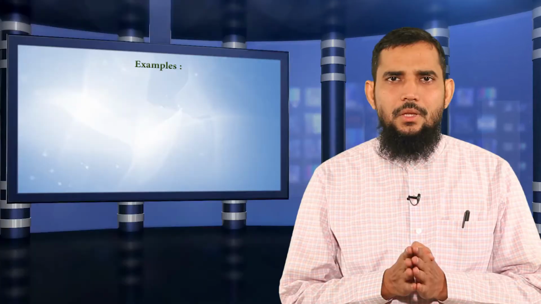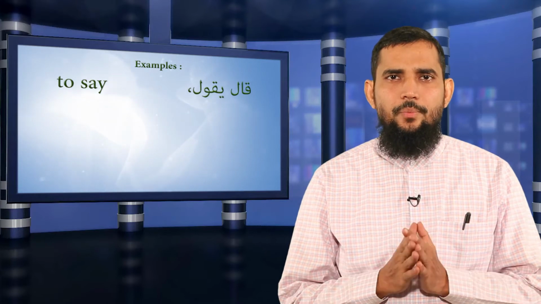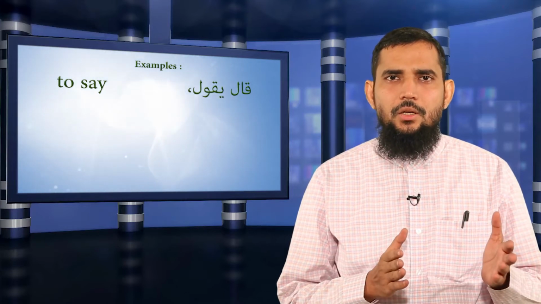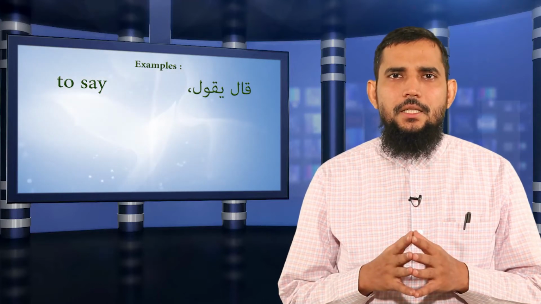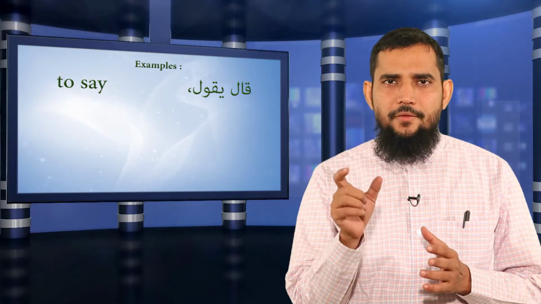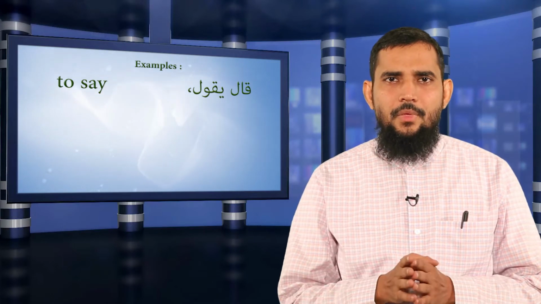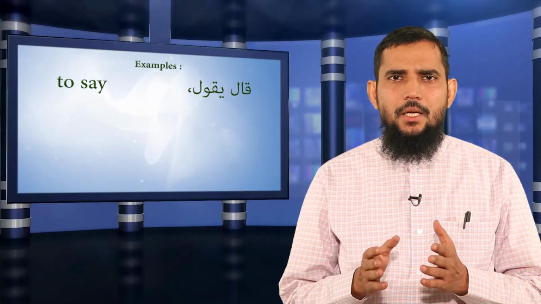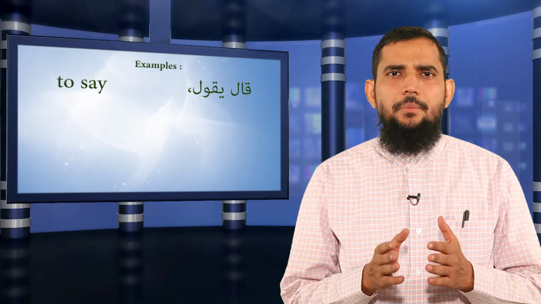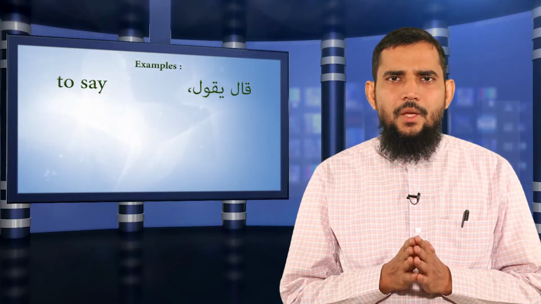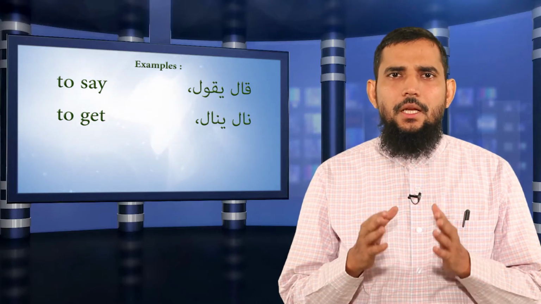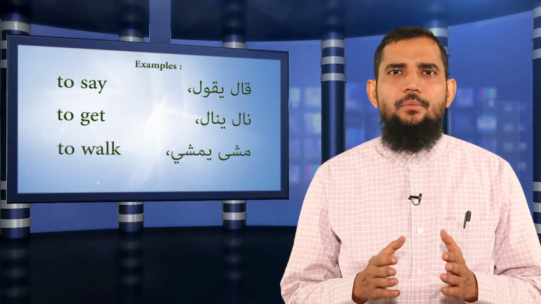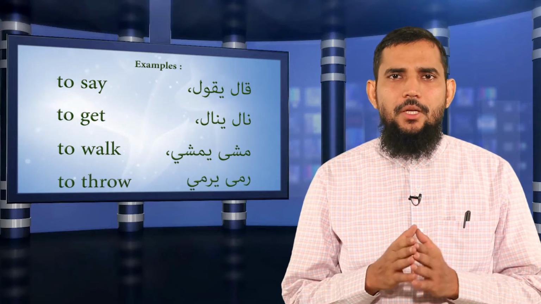I'll give you an example of waw, that is qala yaqulu. Initially, or in reality, this qala is qawala, qaf, waw, lam, and later it became qala, and its imperfect is yaqulu. Another example is nala yanalu. Qala yaqulu means to say, nala yanalu means to get, masha yamshi to walk, rama yarmi to throw.